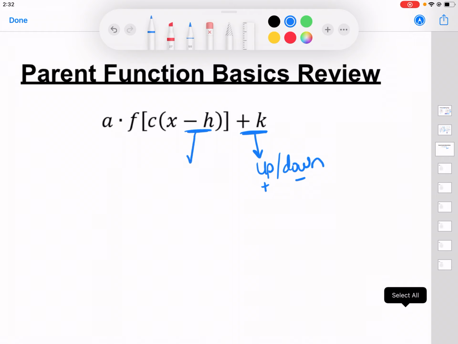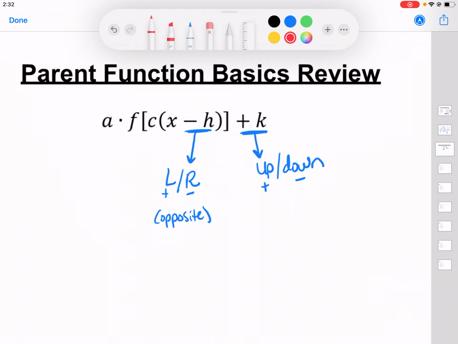The minus h moves your graph left to right, and you always do the opposite of the sign. So if you see a plus sign, you're actually moving left. If you see a minus sign, you're going to move right.